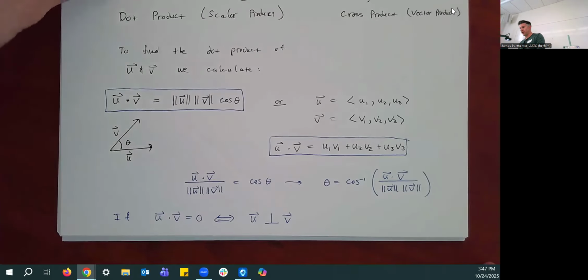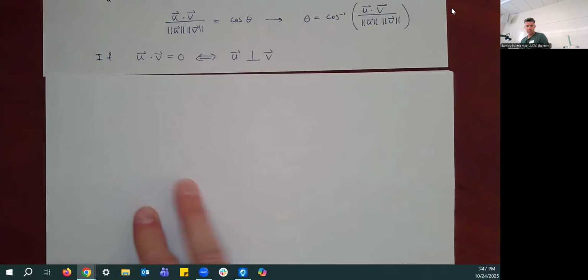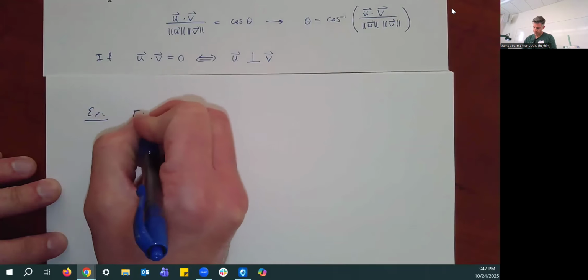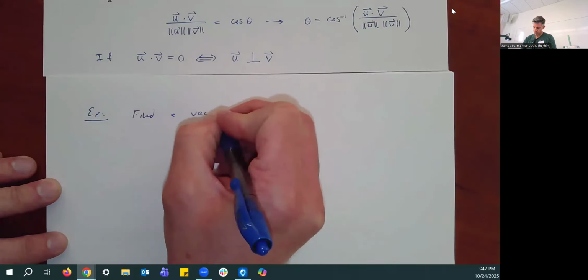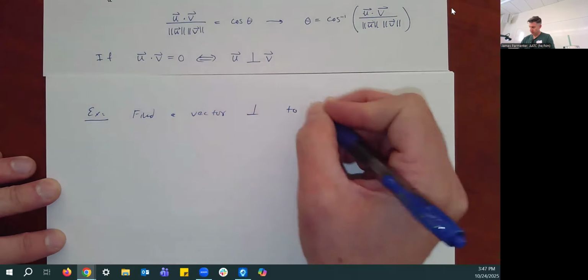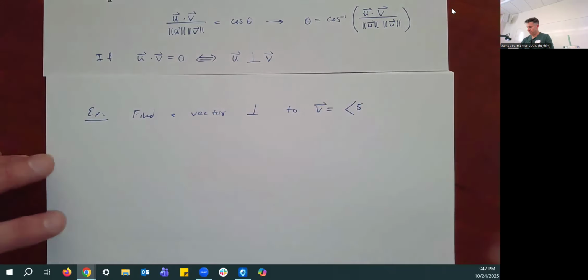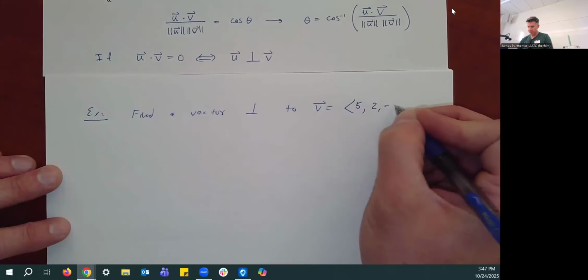So one thing we could ask is to find a vector perpendicular to V equal to 5, 2, negative 3.